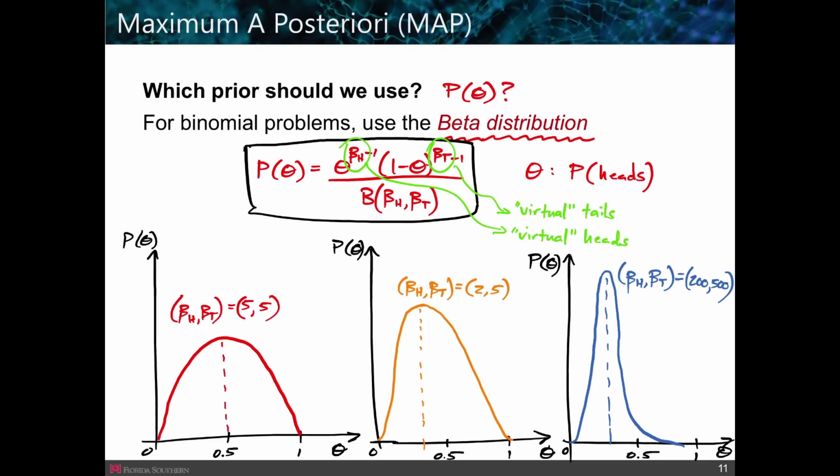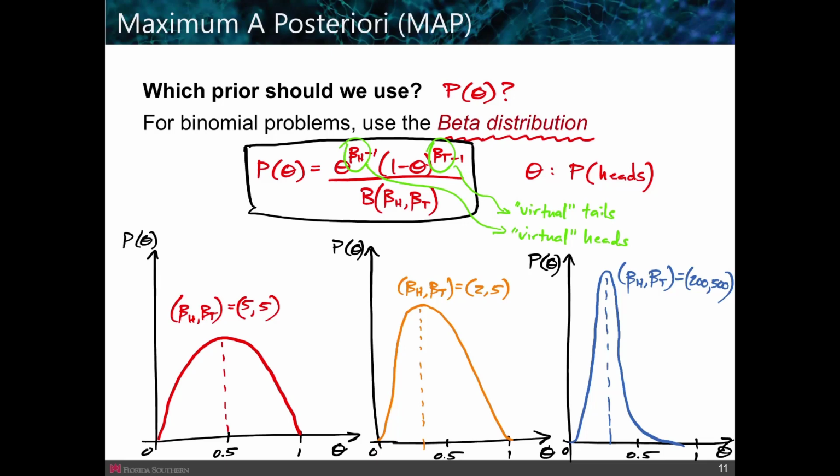In the orange case, we have now skewed the data towards the virtual tails. So I'm saying we had 2 virtual heads, 5 virtual tails, and now the maximum of this curve has shifted to the left. In other words, with this prior distribution, it is less likely that we are going to flip heads.